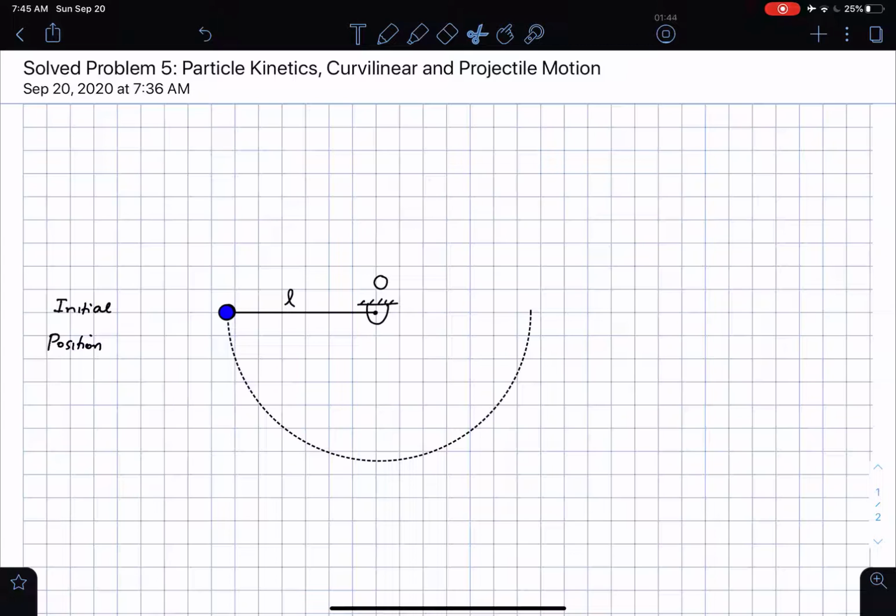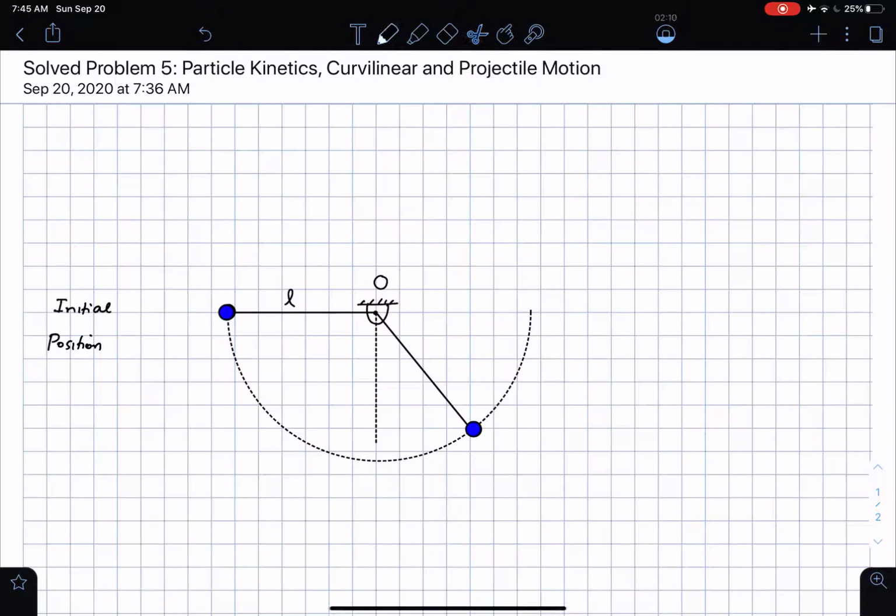Now at some arbitrary angle theta measured from the vertical position. Let's say that the pendulum is somewhere here now. After it crosses the vertical position at some arbitrary angle theta, which I'm going to mark from the vertical position, starting from here, and let's say that this is also a dotted line.